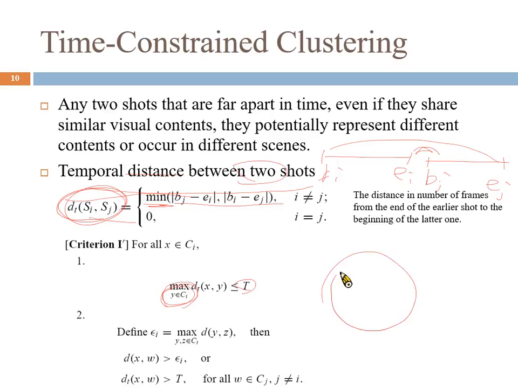That means for this cluster, with many video shots, we can calculate the time distance between them, and all possible pairs have a time distance less than t, so that they can cluster together. So this part is the time-based constraint, and this part is the visual similarity, as we mentioned above.